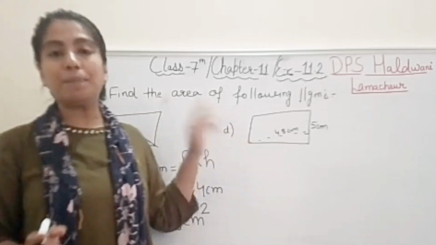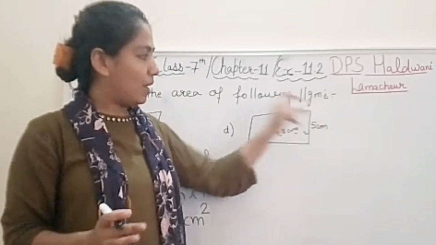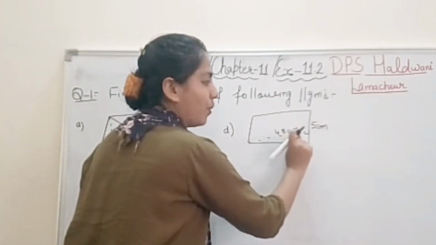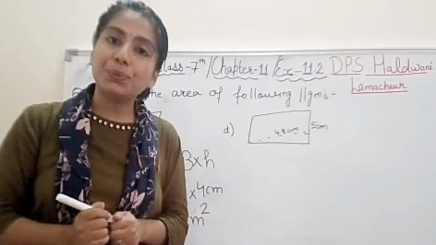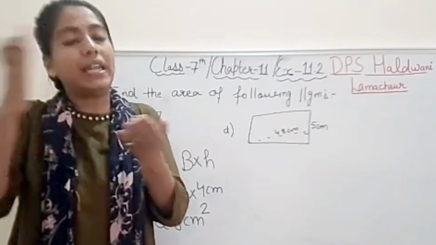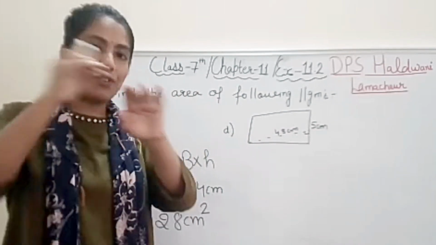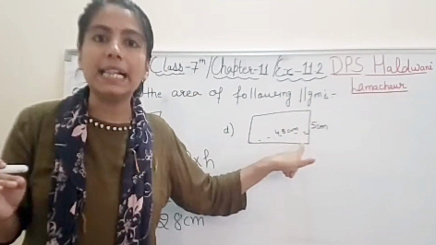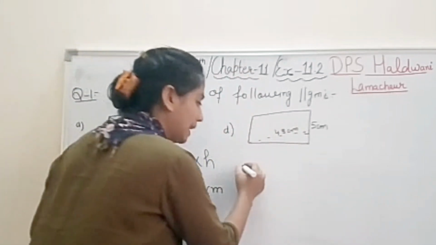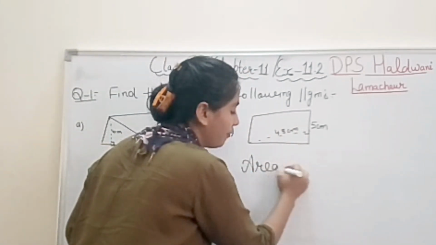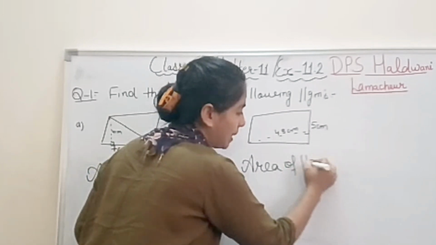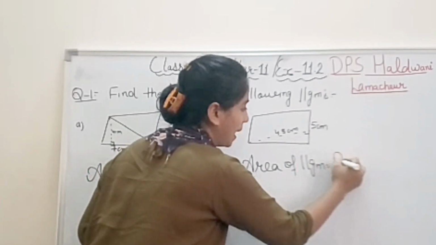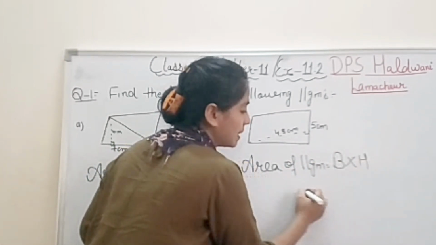Now coming to our D part. So this is a parallelogram and this is a drawn height. Students, height can be drawn from any vertex. I told you, from any vertex we draw a height with the base making an angle of 90 degrees. So what is the area for this? The area of a parallelogram is, as we know, base into height. So what is the base?